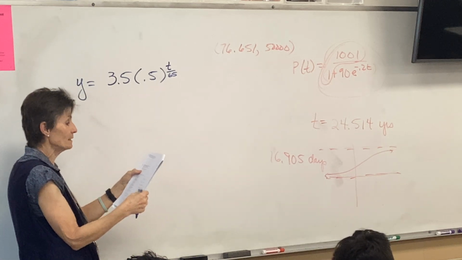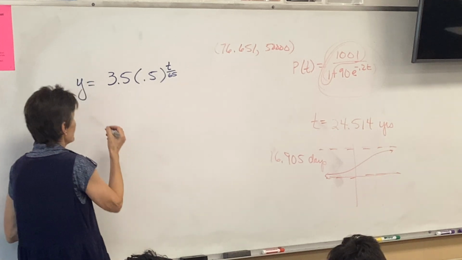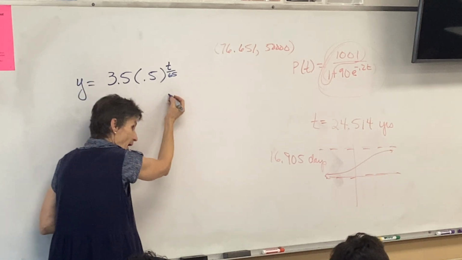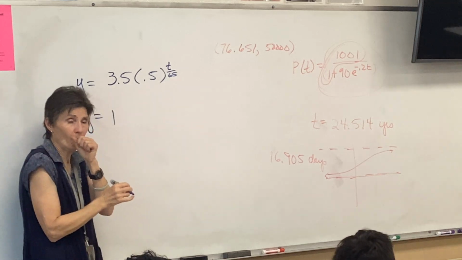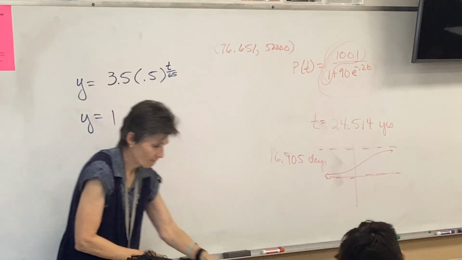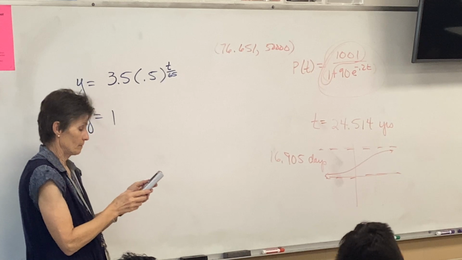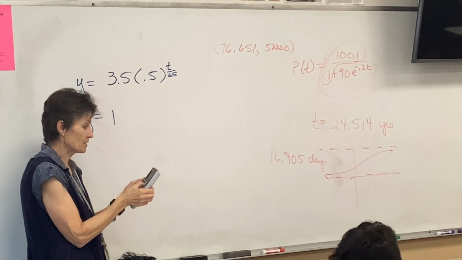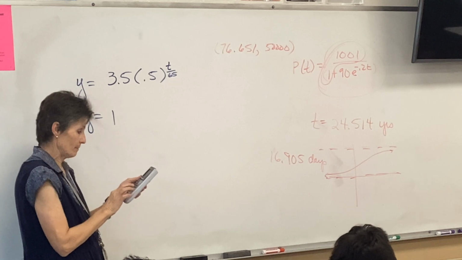There's my equation. Now, that's A. When will there be less than 1 gram? So can I graph that and graph 1 and see where they cross? Don't forget to adjust your window a lot.